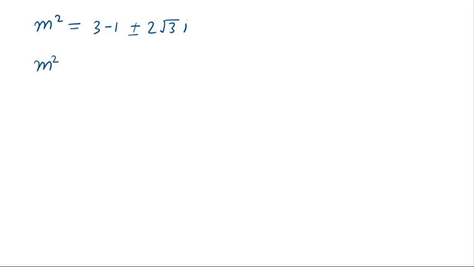We can write this 3 as square root of 3 square, and here minus 1, and we know that minus 1 is the same as iota square. So replace this minus 1 by iota square. So here iota square plus minus 2 times square root of 3 times iota.